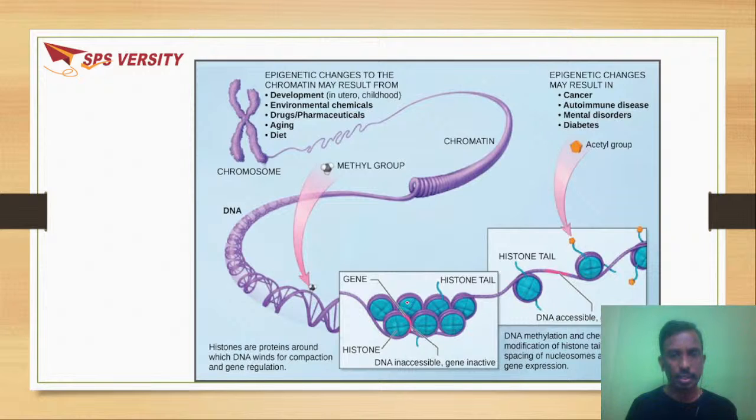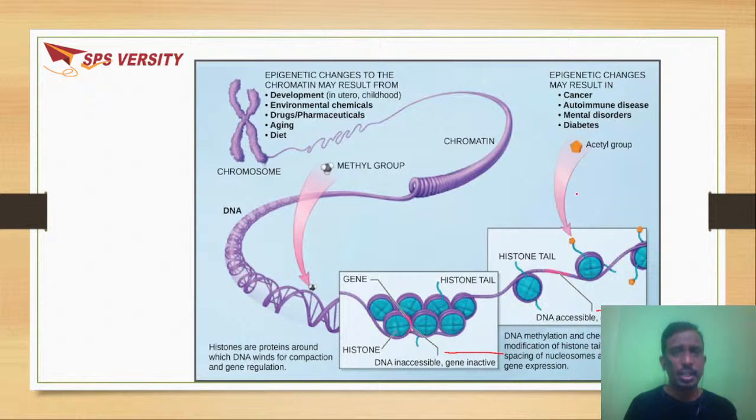Here you can see this is one octamer. These are closely packed where the genes are inactive. Here they are loose where the genes are active.